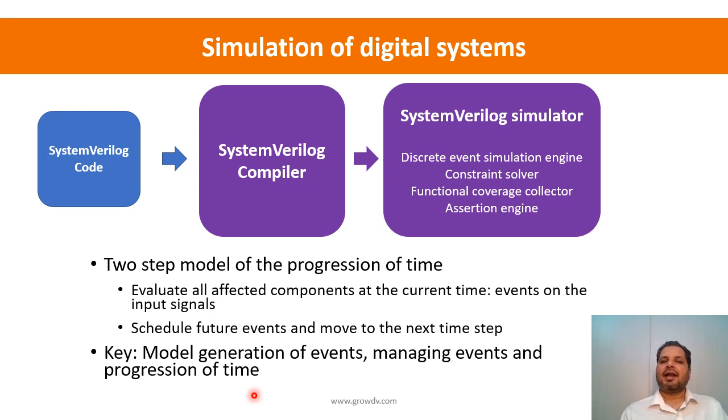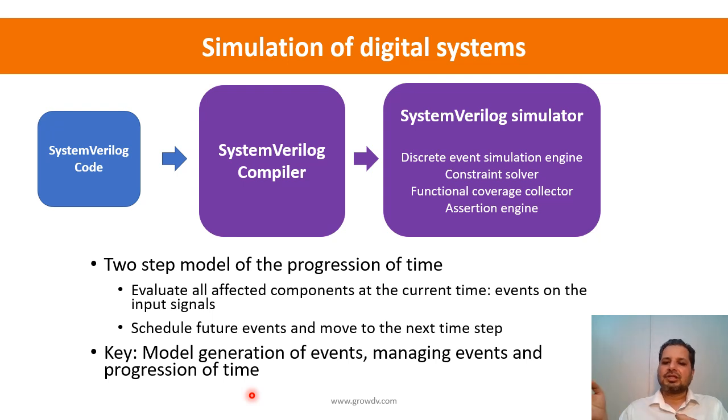Managing the events means it will order them in the order they need to execute. It will also take care of the progression of time, as I talked about. 5 nanoseconds, then next immediate is 10 nanoseconds, then 15 nanoseconds, and so forth. It will model how the simulation time should progress.